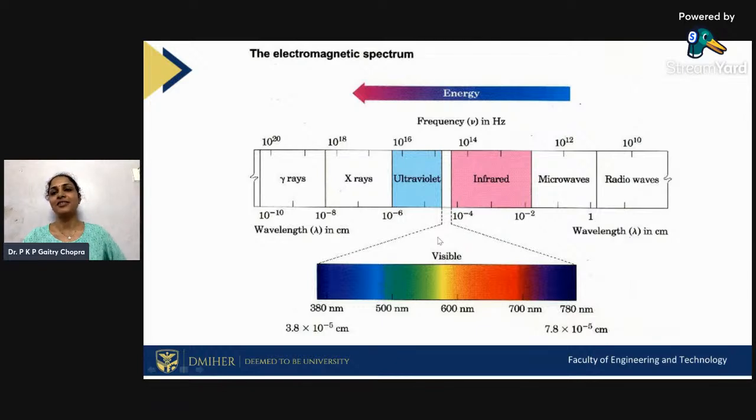The other radiations we are not very much in contact with, but these also help us in deducing the structure of various molecules in chemistry. In NMR, we deal with the radio waves. NMR spectroscopy basically deals with the interaction of radio waves with the molecules. Not only molecules, I should say it deals with the interaction of radio waves with the nucleus of the molecule. Ma'am, next, please.